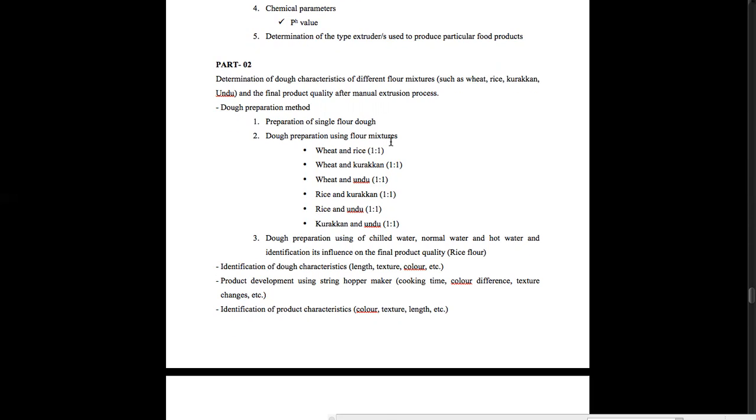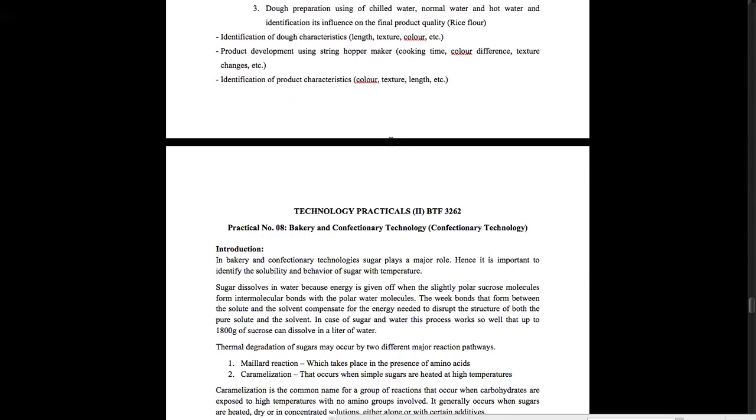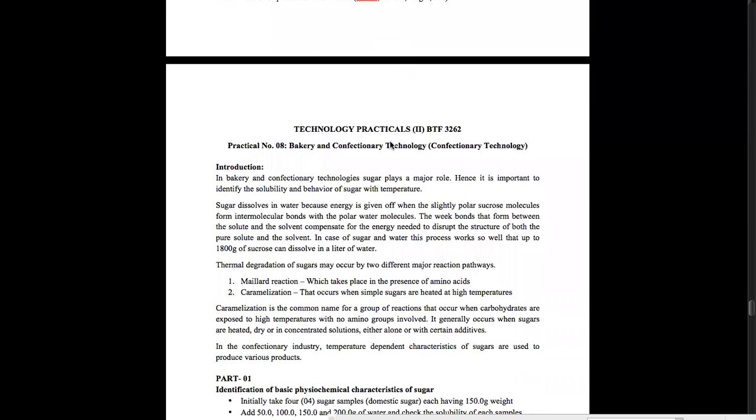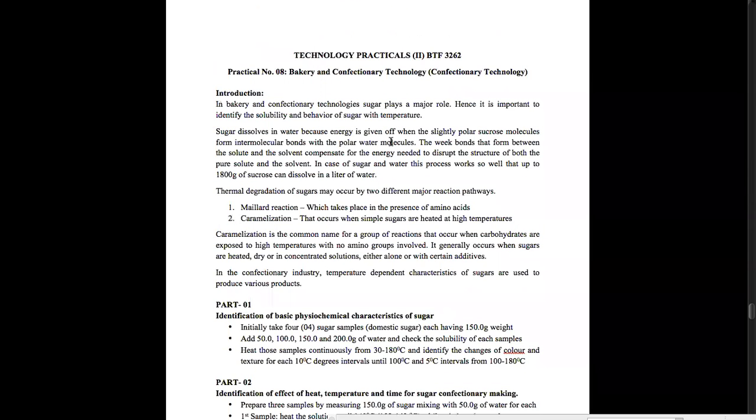It's about extrusion technology. Sorry, it's about confectionery technology. I hope that you have finished the bakery part of this lecture, but the confectionery part we will continue after this practical. This is also one of the very interesting practicals in this session.